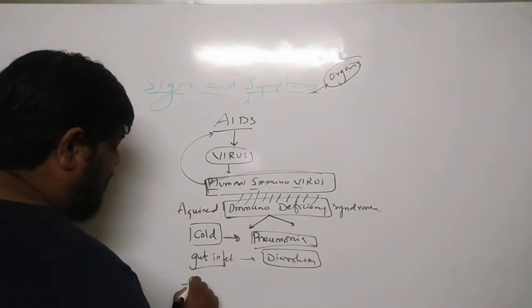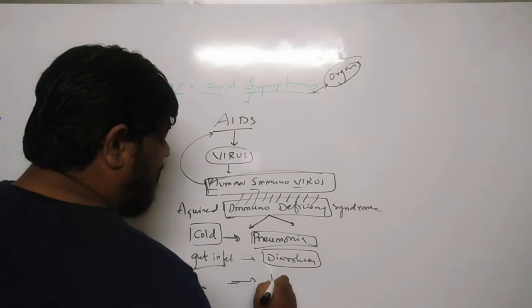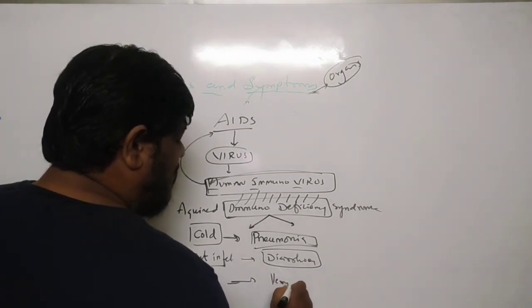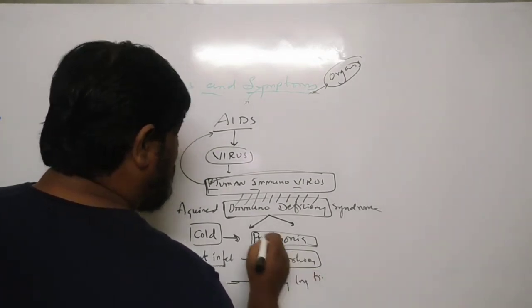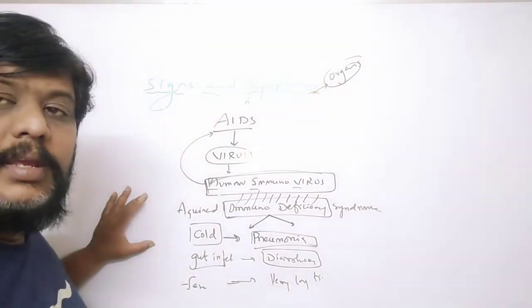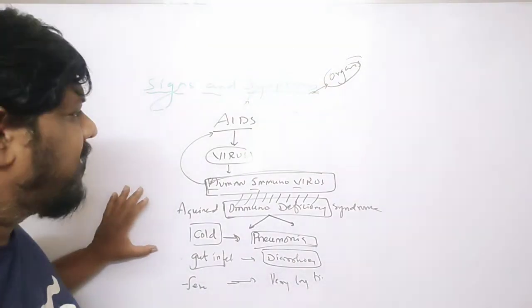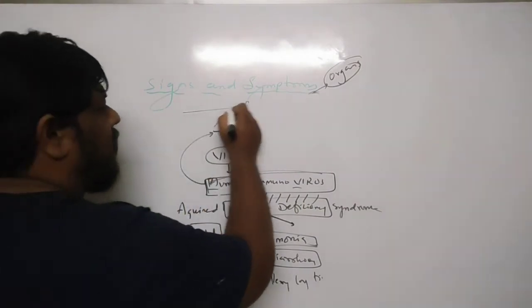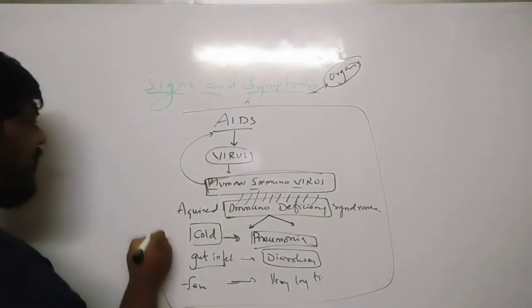And if you get fever, it will last for a very long time, because the immune system is deficient and not functioning properly. So that is how you can see the disease which is called AIDS here.